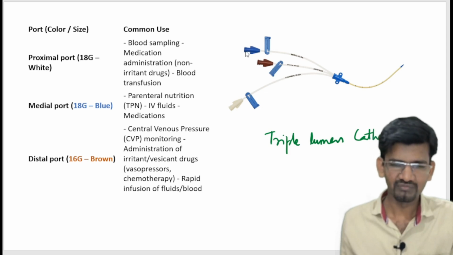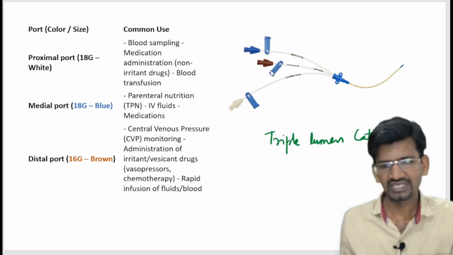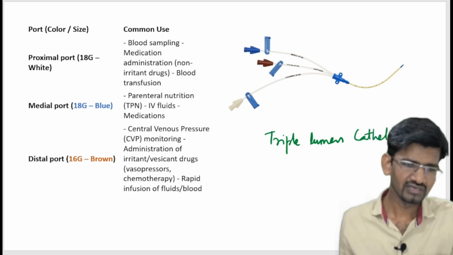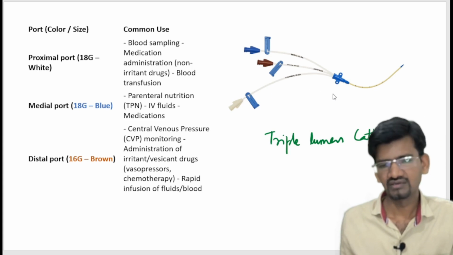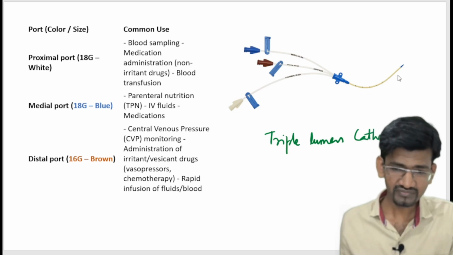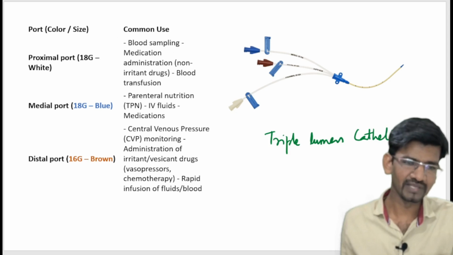One is blue, then brown, and one is white. These are used for different purposes. The white one opens at the proximal end, so it is most commonly used for blood sampling.